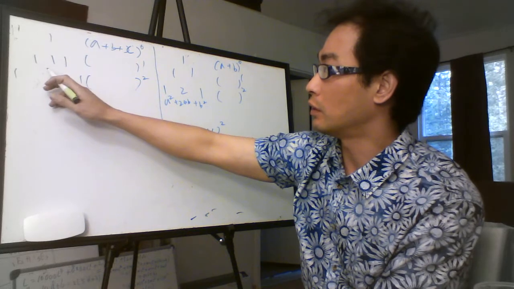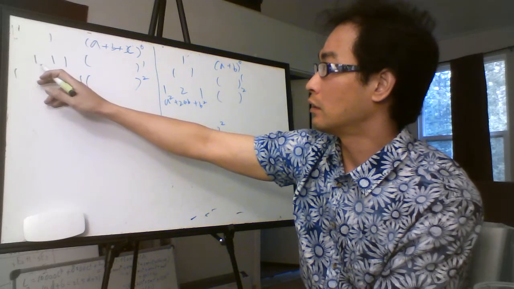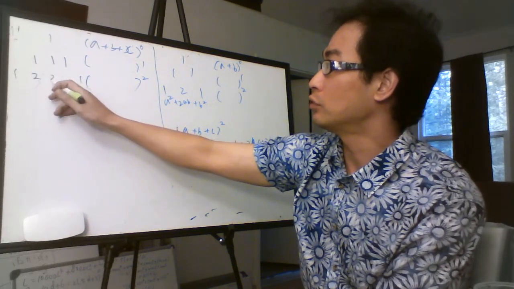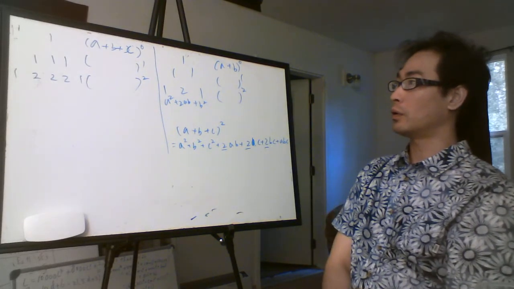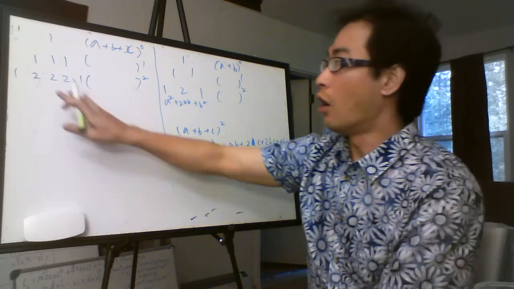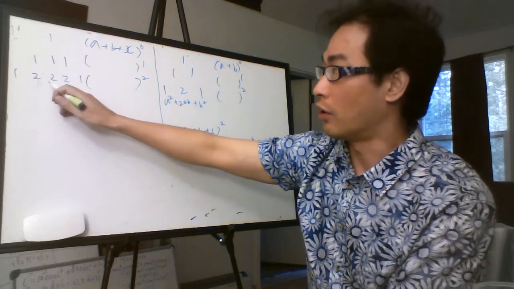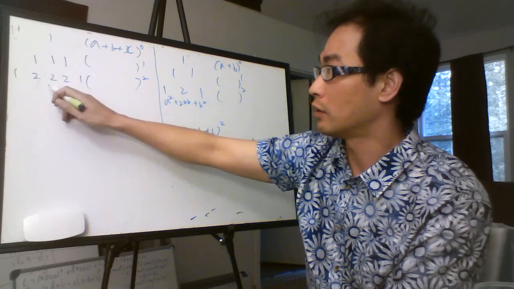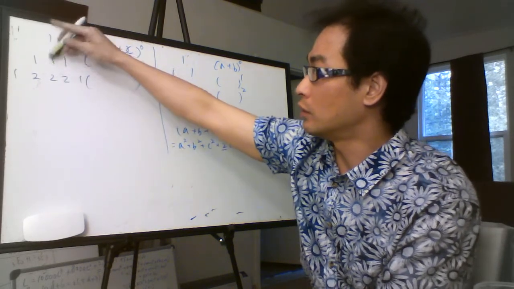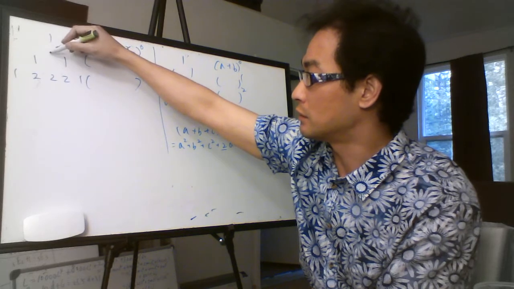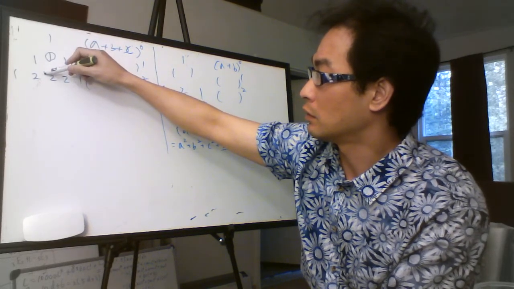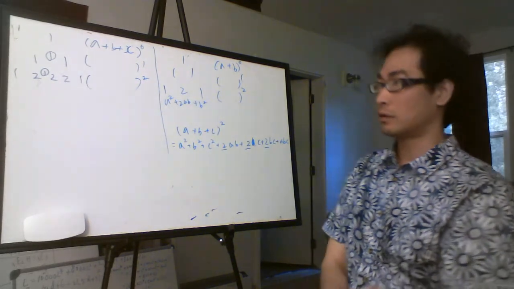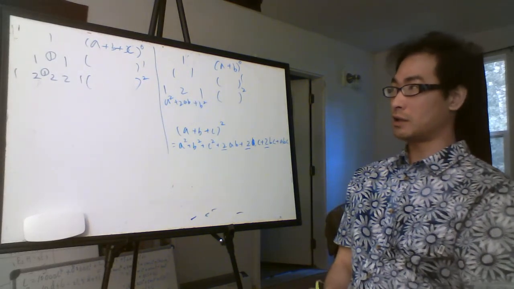So if you do that, you have 2, 2, 2, and then above this, we have 1, hovering 1.